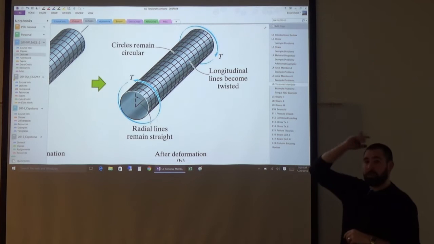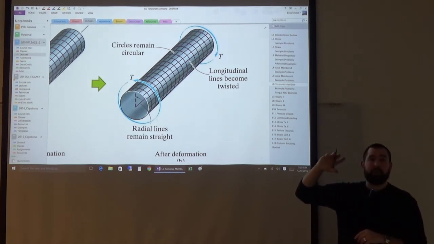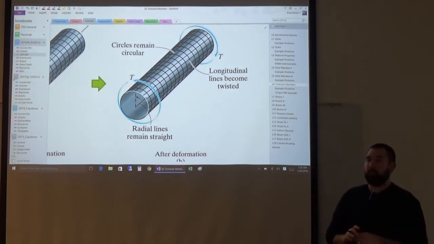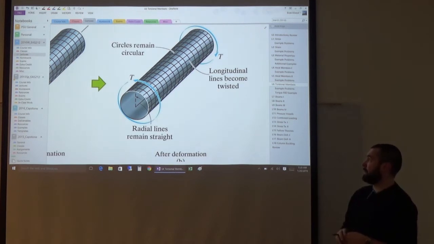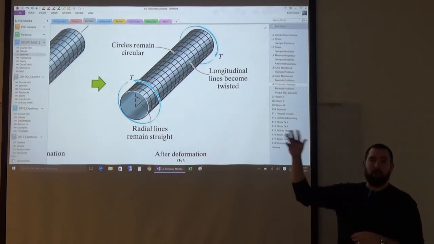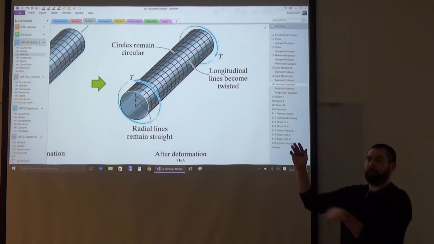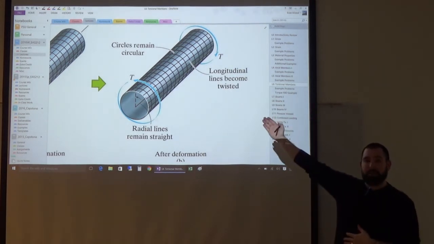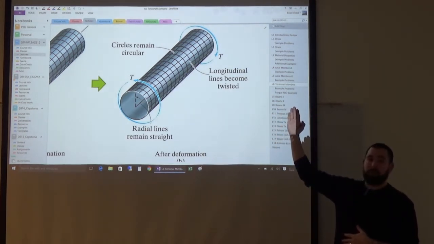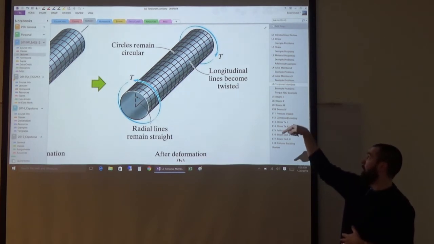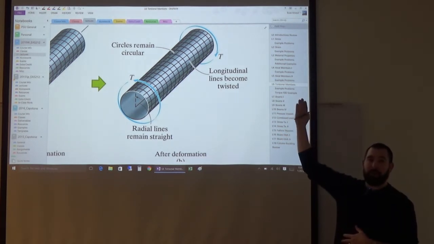Now those longitudinal lines become twisted, and the angle of twist is something that we'll have to calculate of one cross-section relative to the other. Let's say at the back of this shaft, I painted on the circle a vertical line going upwards.